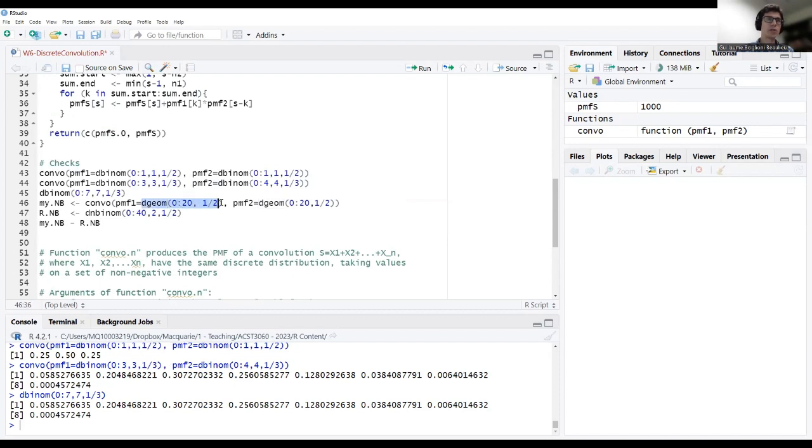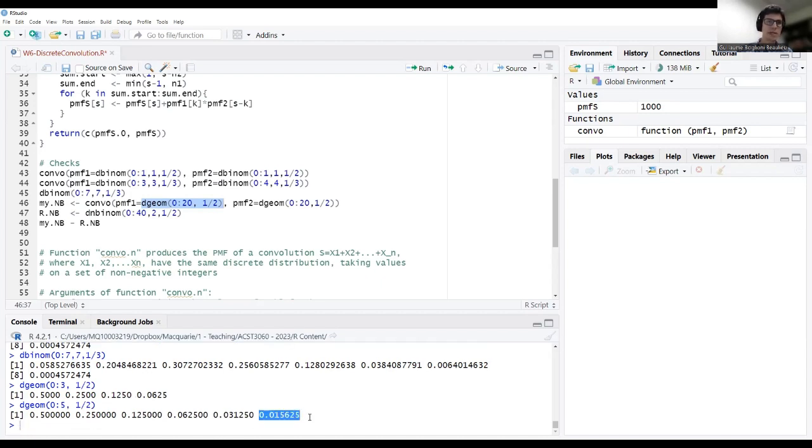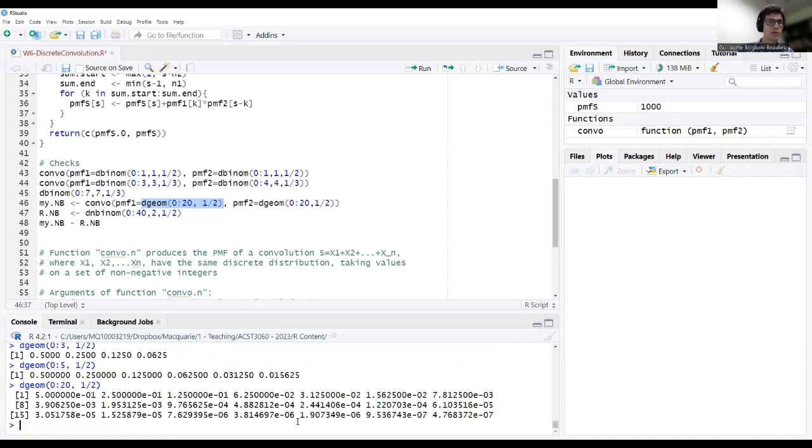But what you can do is just check the mass functions for a geometric for the values 0, 1, 2, 3. You see you have those numbers. Of course, I haven't gone far enough to have probabilities that approach 0. If I go to 5, you still get probabilities that are substantially different than 0. But if you go to say 20, this is what I have in the code.